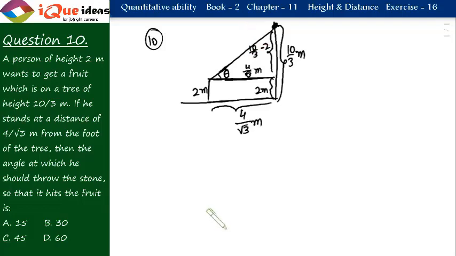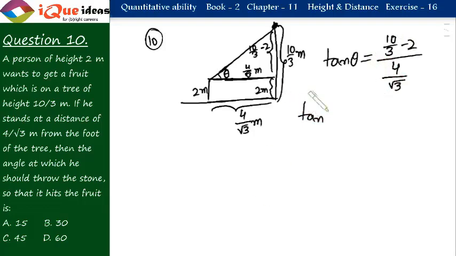Now from the right angle triangle, we have tan theta equal to 10 by 3 minus 2, that is the opposite side, whole divided by 4 by root 3. If you simplify this, 10 by 3 minus 2 will become 4 by 3, whole divided by the denominator 4 by root 3.